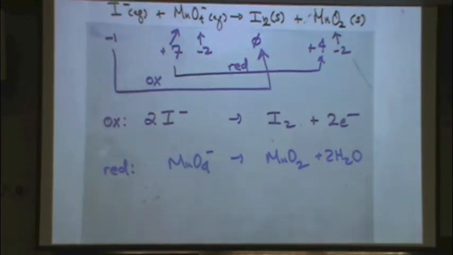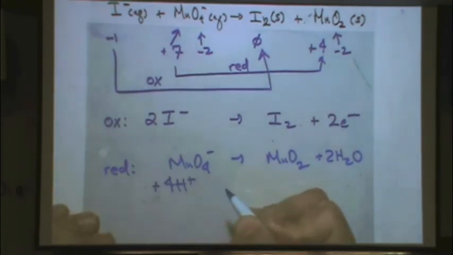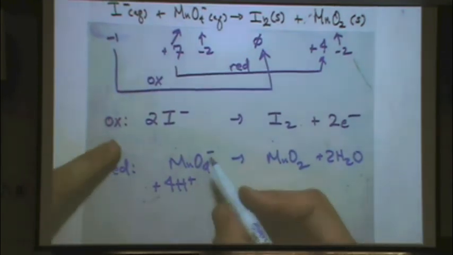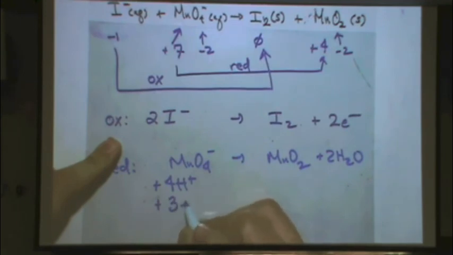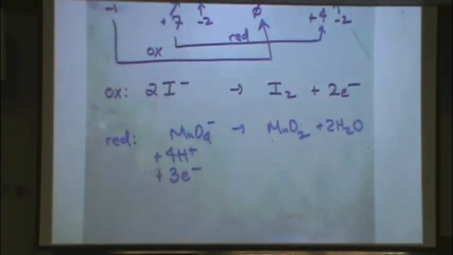There's 4 hydrogens on the right, so 4 hydrogens on the left, but in the form of H+. Step 4, balance the charge. The overall charge on the right is 0, and on the left is +3, so I must add 3 electrons to get the same charge on each side. In this case, it's 0 on each side.